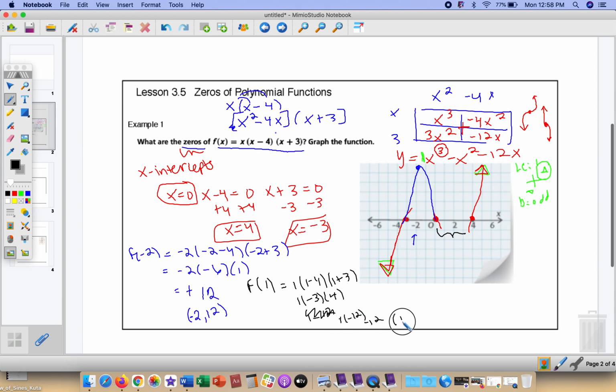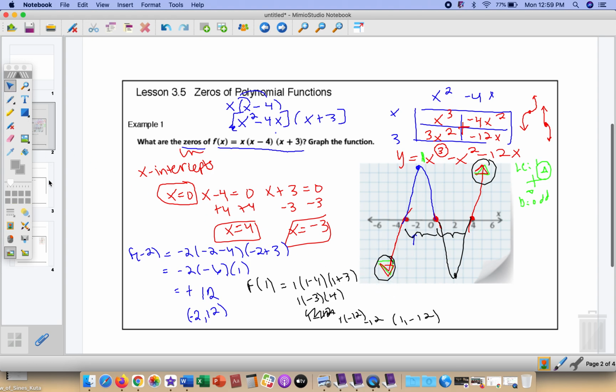So the ordered pair here is 1, negative 12. So that's going to be somewhere way down here, right? So that's a rough sketch of my graph, and I use zeros, and I can plug in points in between our zeros and use our end behavior to draw a sketch.